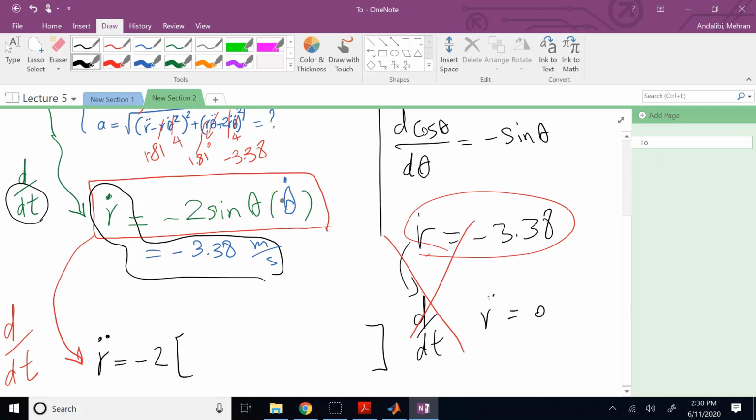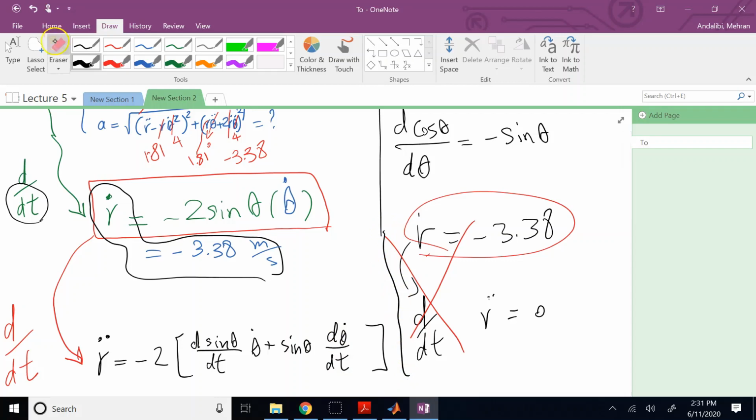Since both of these terms are time variable, I have to use the product rule. So it is going to be the derivative of sine theta with respect to time, remember, everything is with respect to time, times theta dot, plus sine theta times time derivative of theta dot. Okay?